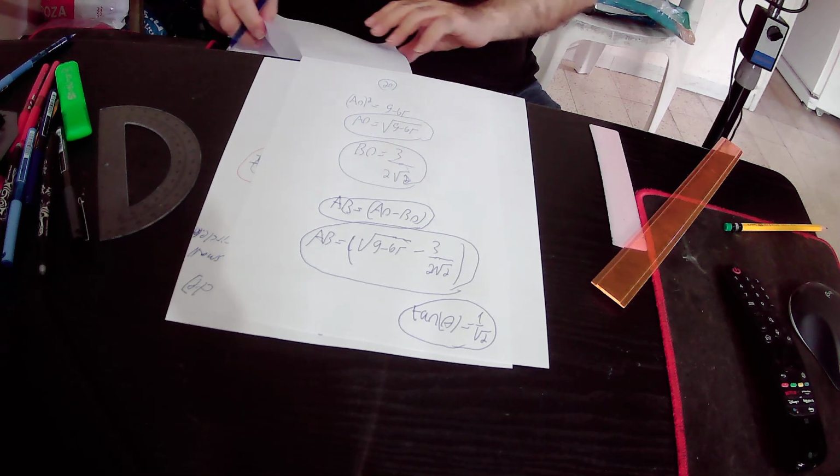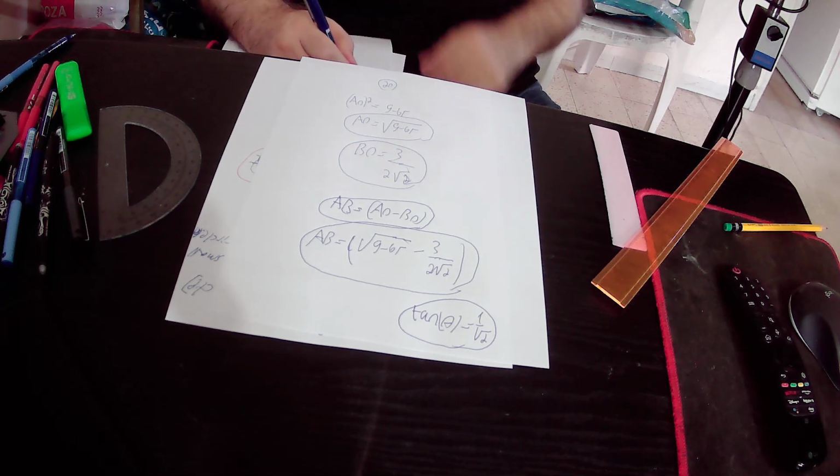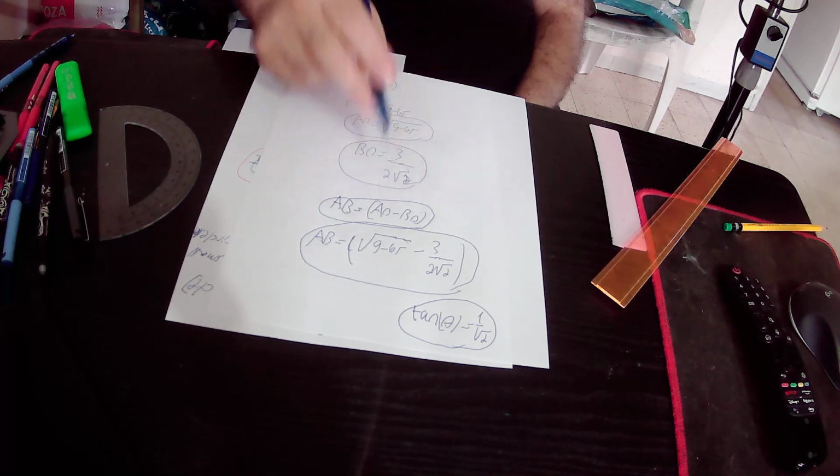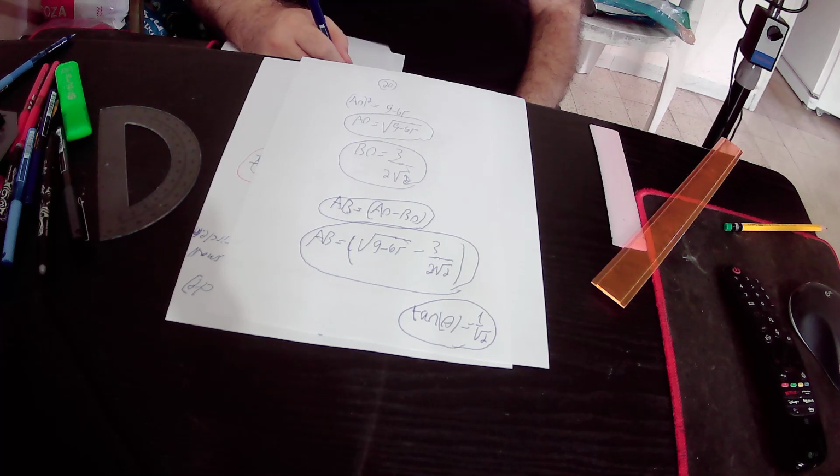Okay, so r will be equal to AB. This is the value of AB: root of 9 minus 6r minus 3 over 2 times root 2.